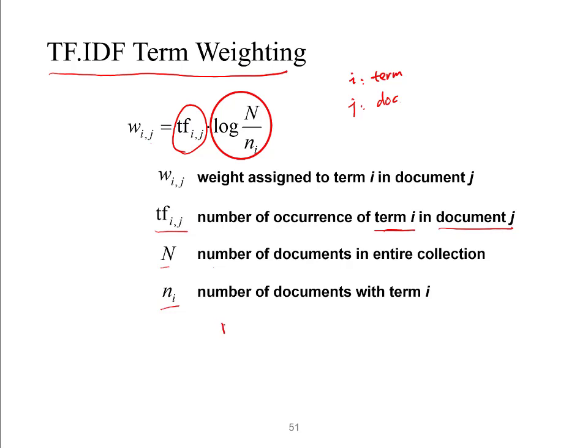So we represent the document with a vector where each element is a TF-IDF weight, this is for w1 and this is for w2 and so on and so forth. And for the query, we do the same thing.